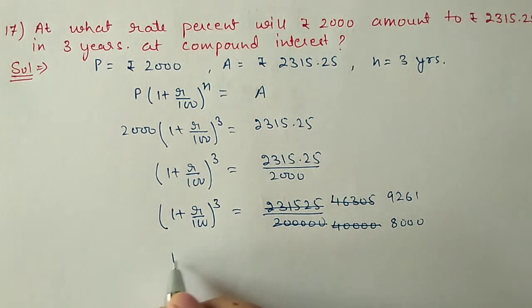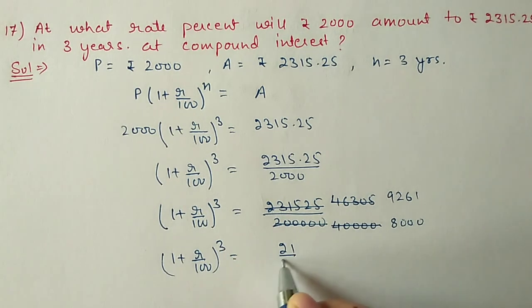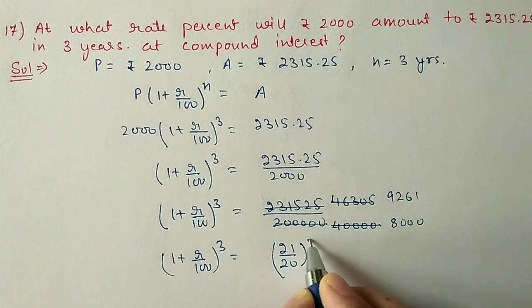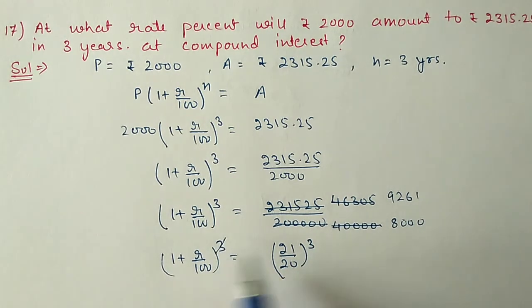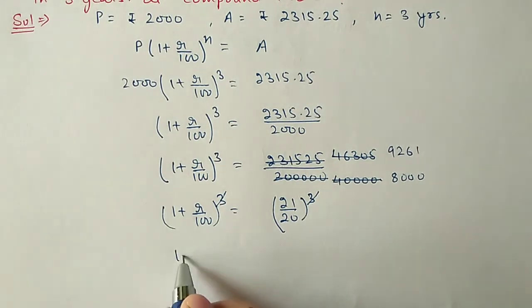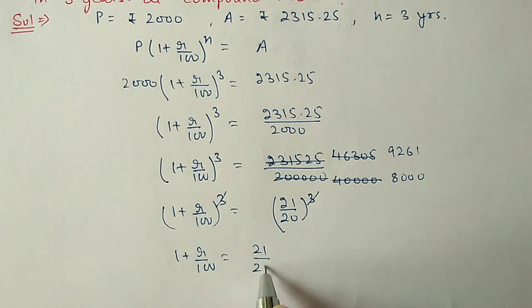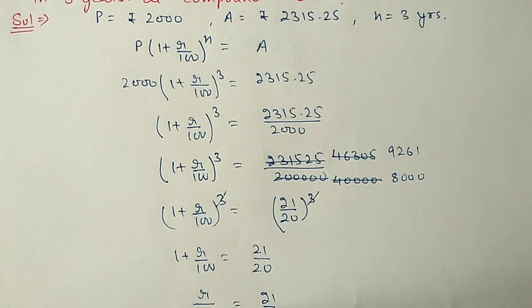So we can write it as 1 plus r by 100 to the power 3 is equal to 21 by 20 whole cube. So this cube to cube you can cancel out and we will get 1 plus r by 100 equal to 21 by 20. So r by 100 is equal to 21 by 20 minus 1.